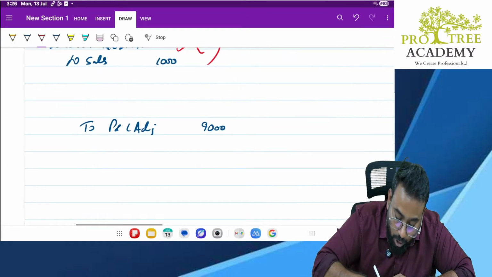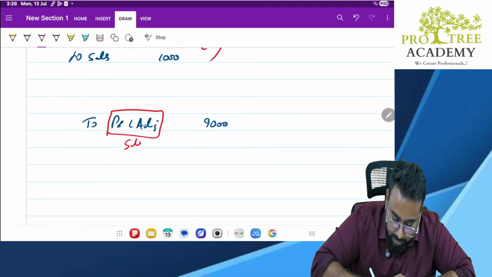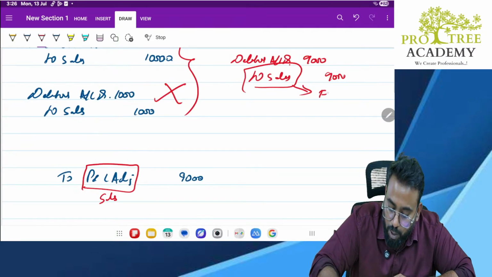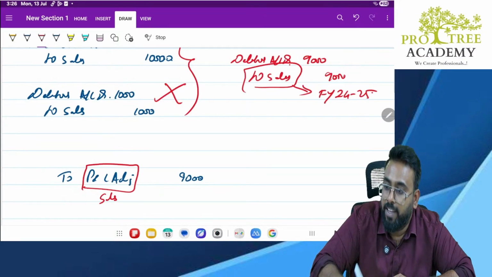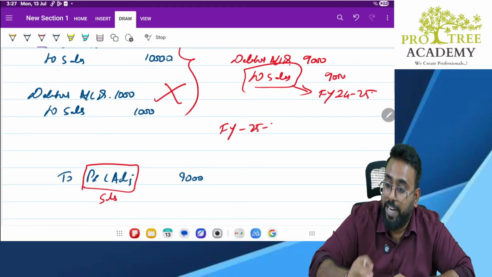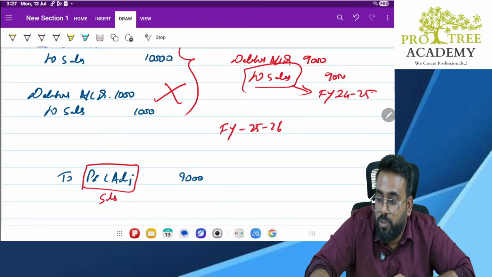You can't write down two sales, because this sales belongs to financial year 24-25 and now we are preparing financial year 25-26. It should not be shown as current year sales. So where should it be adjusted?